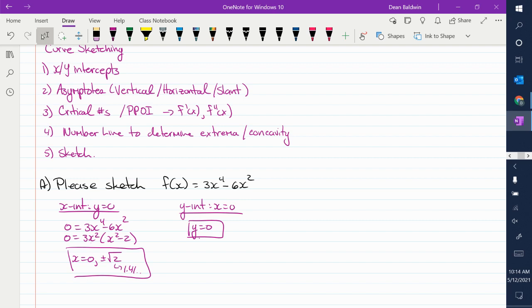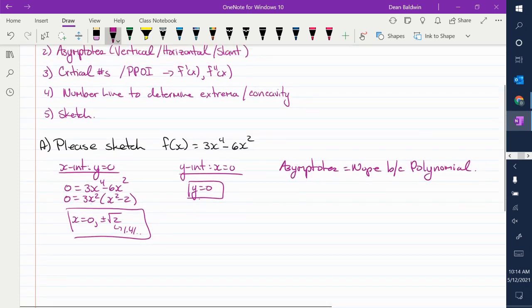In fact, this is a polynomial, right? Do polynomials have asymptotes of any kind? No, they don't. All right, so there's no vertical or horizontal. So you can even write that if you really want to. You don't have to. Asymptotes equals nope because it's a polynomial. All right, so we got no vertical or horizontal asymptotes.